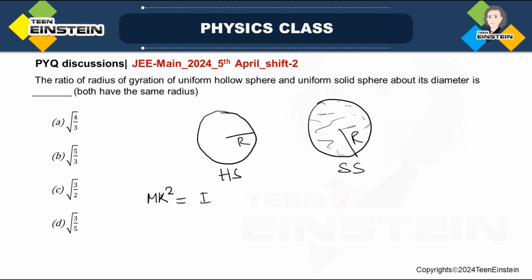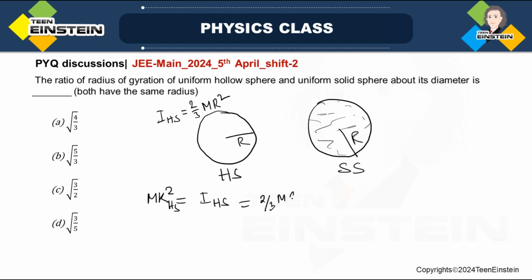So in this case, I have to find out radius of gyration for hollow sphere. So I can write moment of inertia of a hollow sphere about any diameter is given as 2 by 3 m r square.